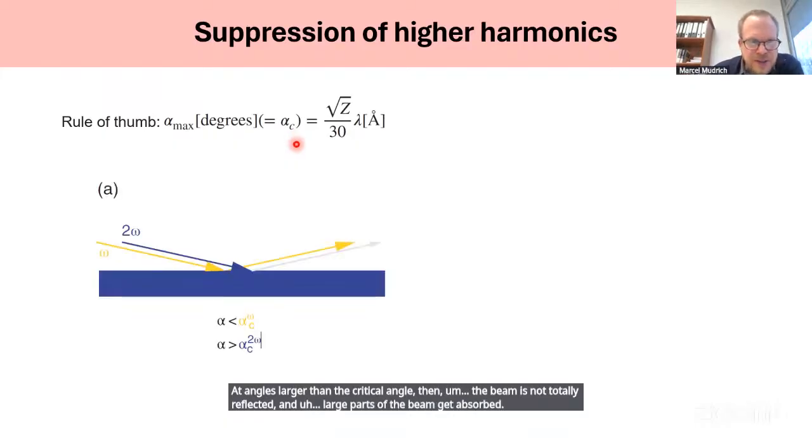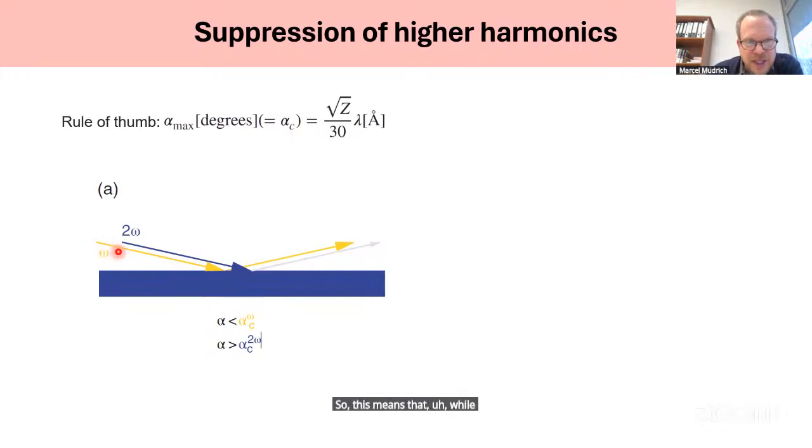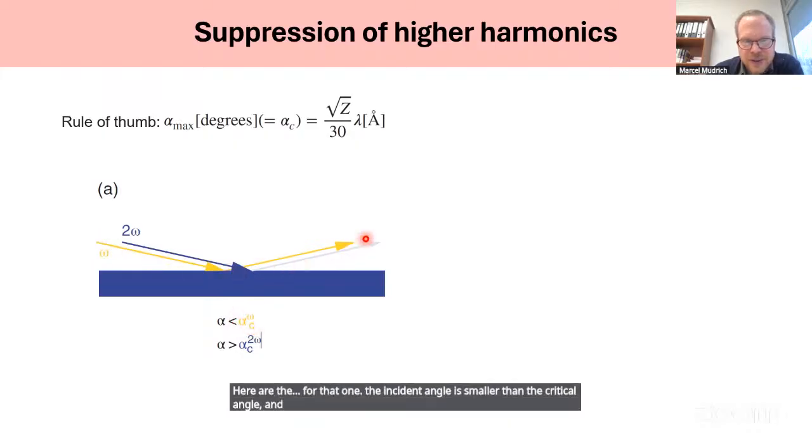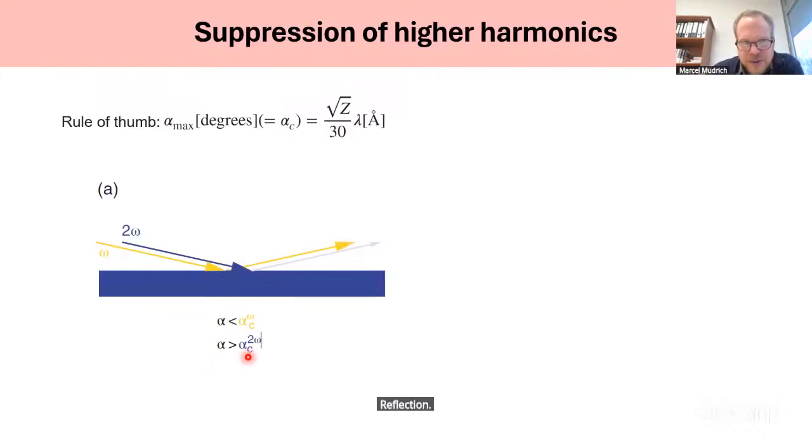So for the fundamental frequency omega, the incident angle is smaller than the critical angle, and we have total external reflection. But for the second harmonic, because the critical angle depends on the frequency, the critical angle will be smaller than the incident angle alpha, and the reflection would be suppressed.